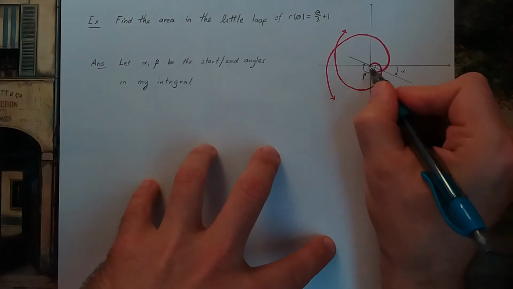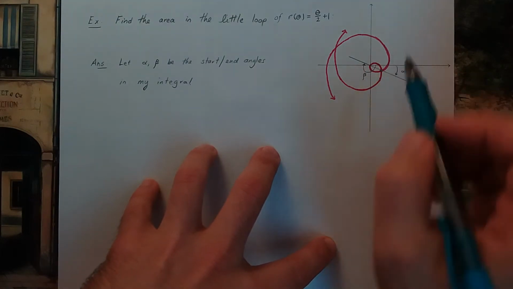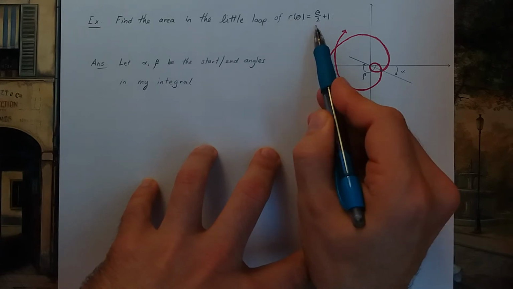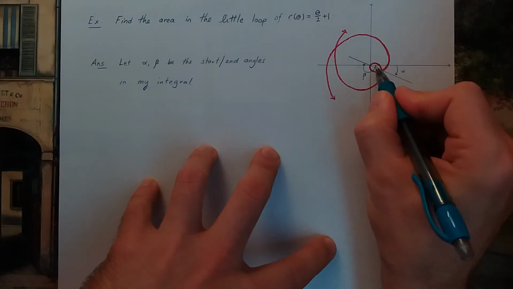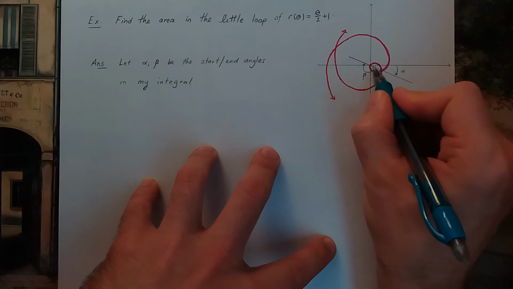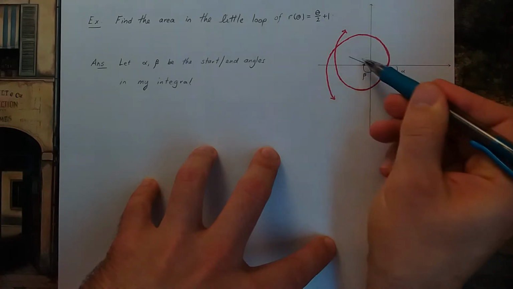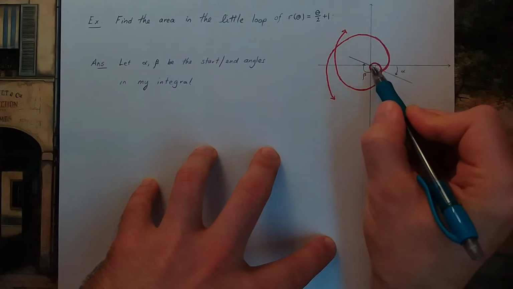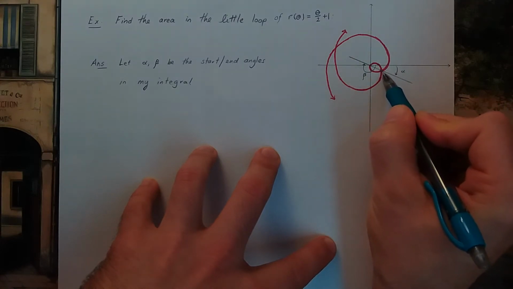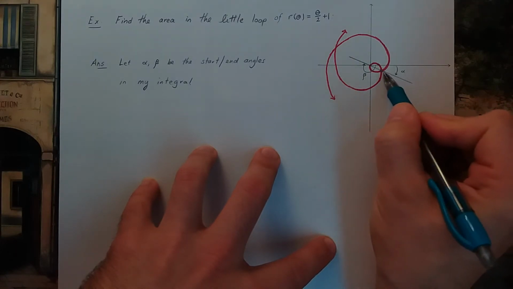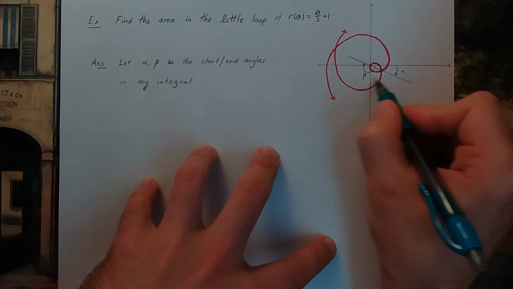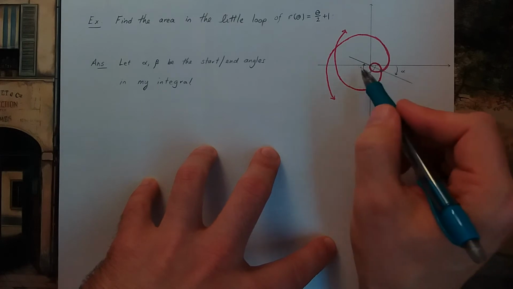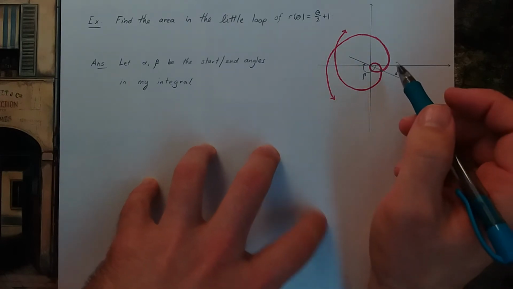Why is that an acceptable option? Well, if this r value happens to be negative, I could rotate beta radians, be pointing in the direction opposite of where I want to go, but then if r is negative, I'd walk backwards and land on the same point that I'm interested in. So alpha and beta can either be in the same direction or, as I've drawn, they could be in opposite directions.